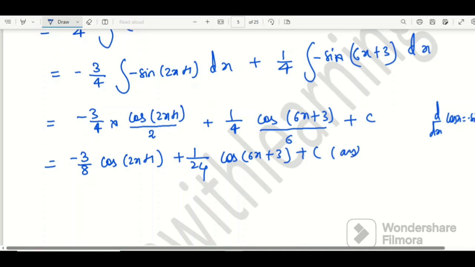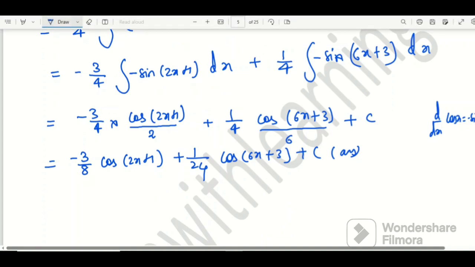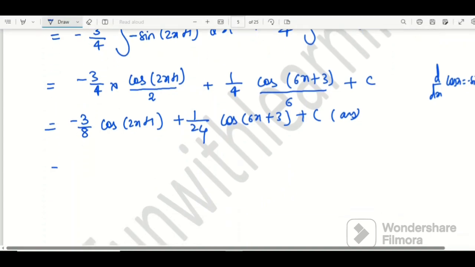So now we can check. This was fourth number. This answer is in the form of cos 3 theta, so we can convert it into the form of cos cube theta, although this is already our answer.